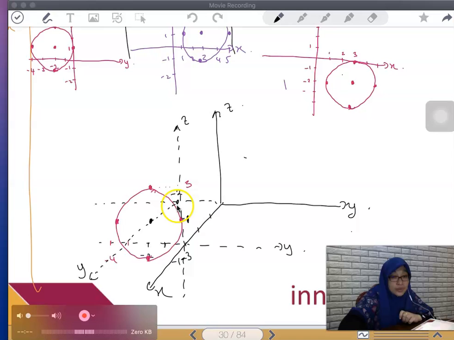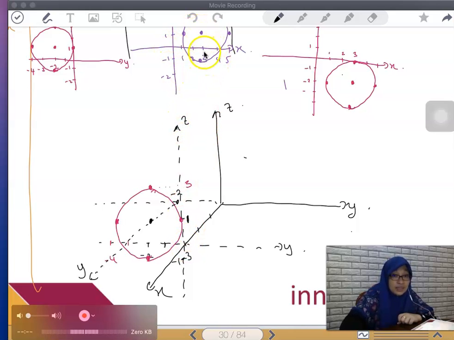Okay, so now your sketching of the purple circle should be lying on your new zy, which is on y equal to minus 2. So now you draw the circle. So the center of the circle now is at x. So this graph is actually located at x equal to 3 and z equal to 1, which is based on your second trace.